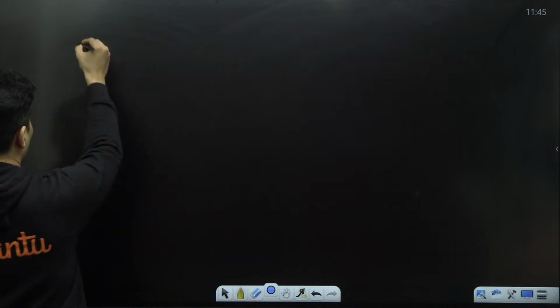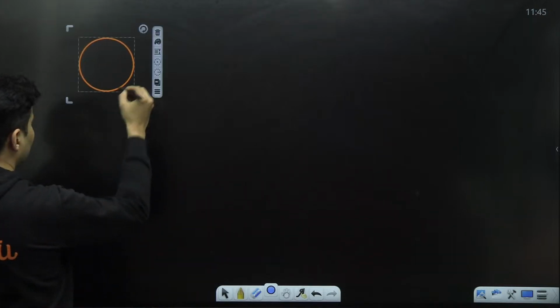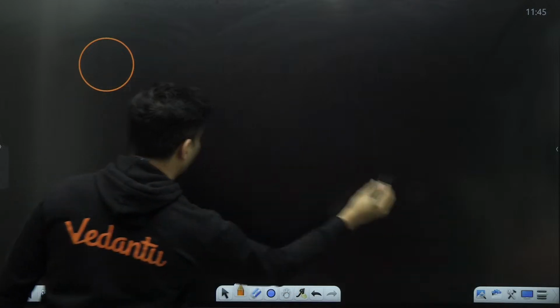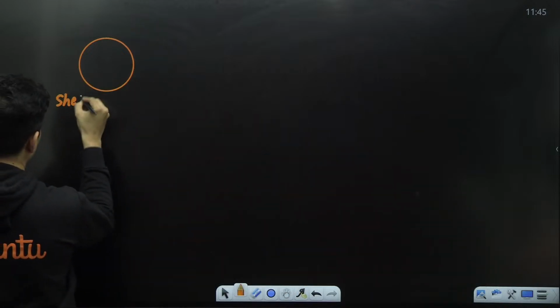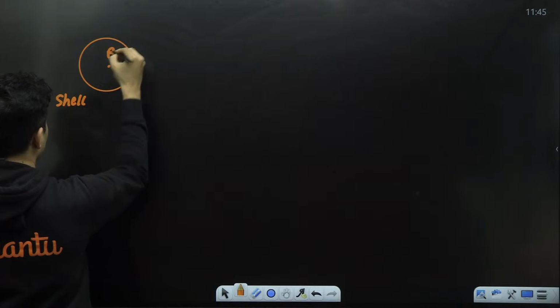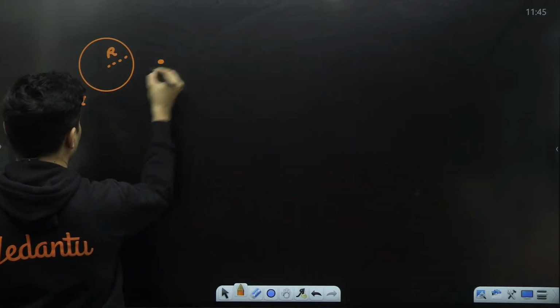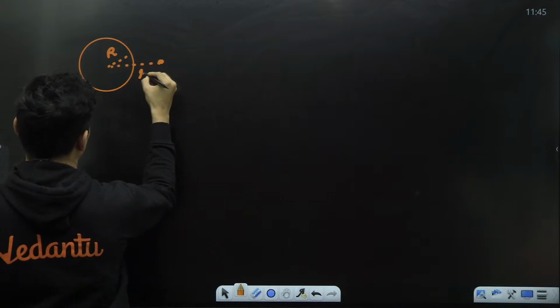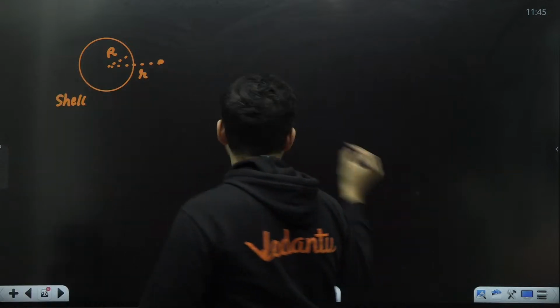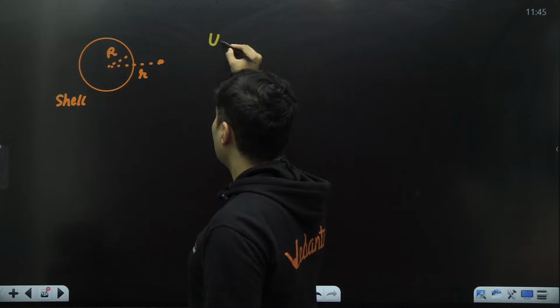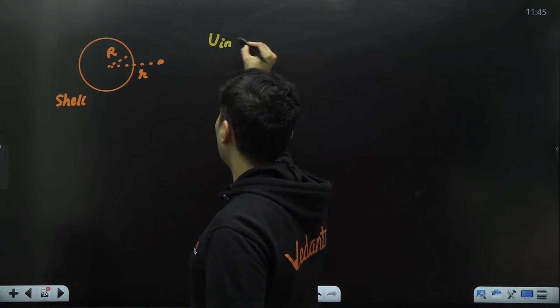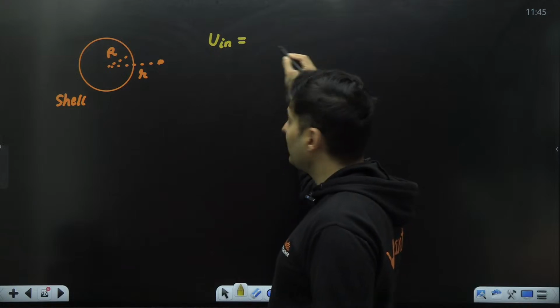See, first of all, if you take a shell of certain radius, and let's say you have placed a point mass or point charge at a distance of r, then if you are inside that shell, no matter where you are, the potential energy will be the same.